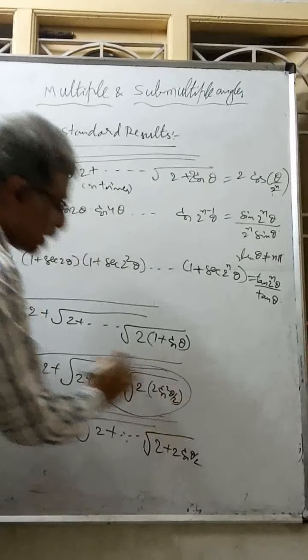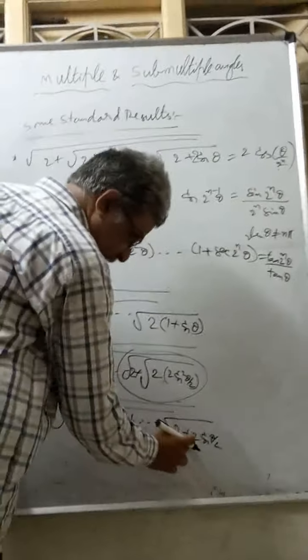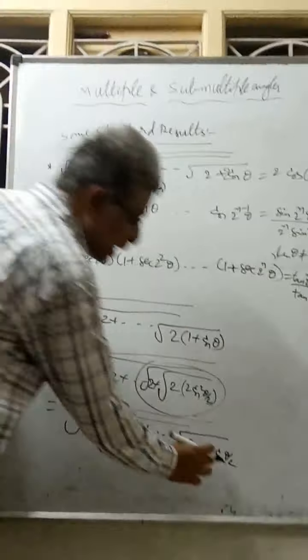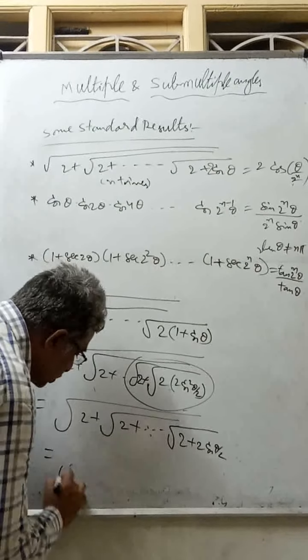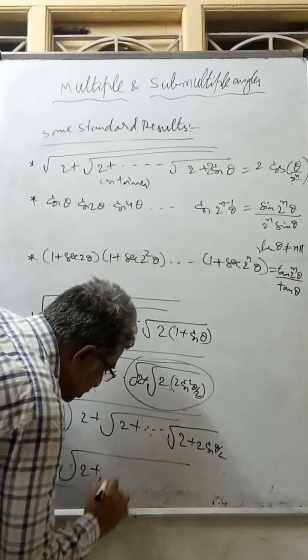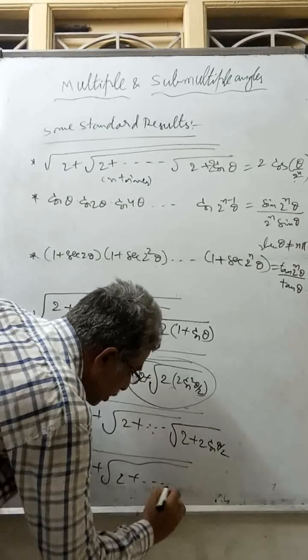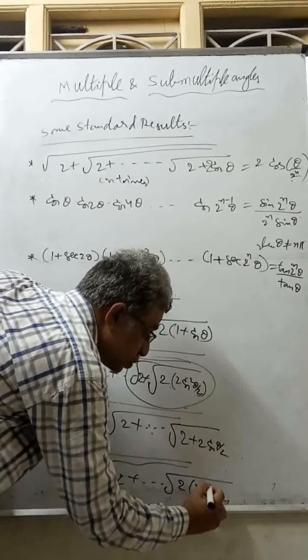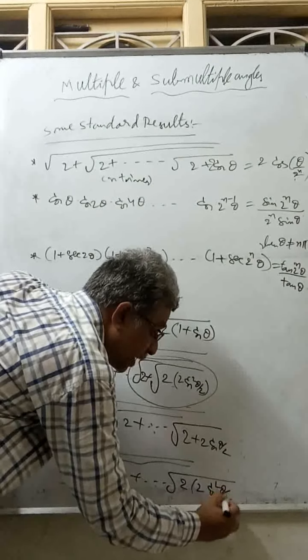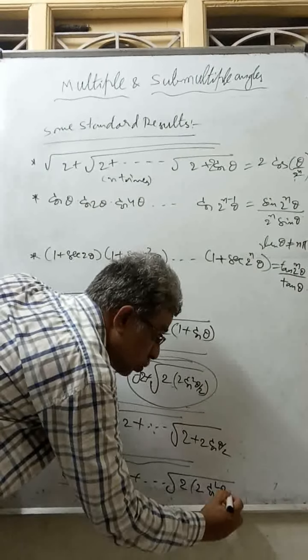Again, if I take 2 common, this becomes 2 cos square theta by 4. So this is 2 plus and so on. This part, if I take 2 common, again becomes 2 cos square theta by 2, theta by 4, is 2 square.